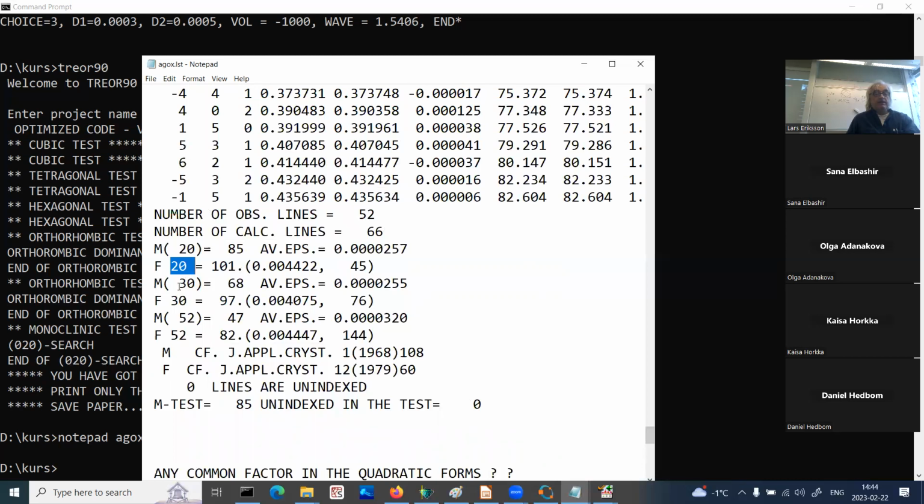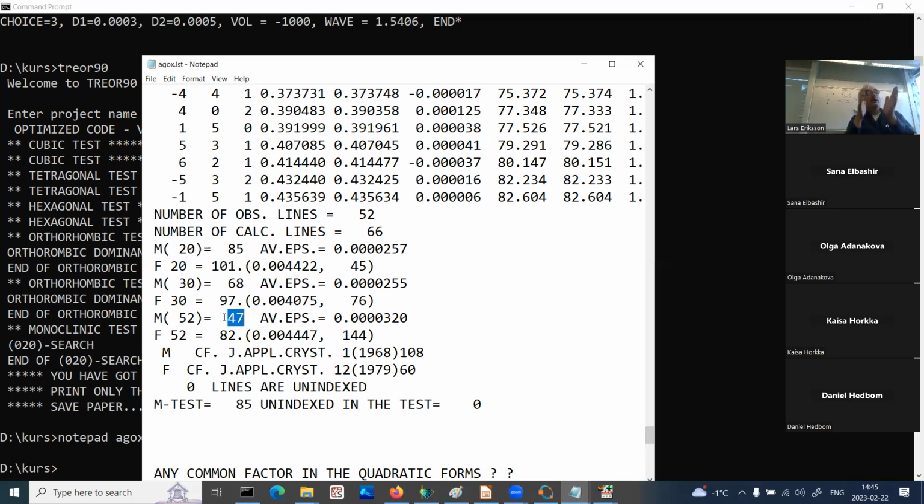Since there are more lines available, we also calculate the figures of merit for 30 lines or 52 lines. Ideally, these figures of merit, the Wolff as well as the Smith and Snyder, should be more or less independent of how many lines are included, because the more lines, the closer they come to each other, and the difference between obs and calc will decrease.